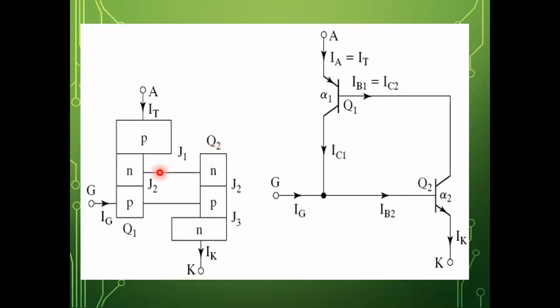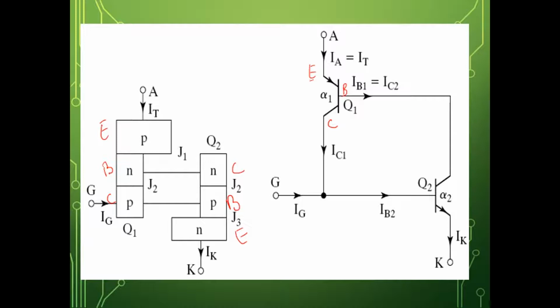Next, we have emitter, base, collector. Again, this is emitter, this is base, this is collector.